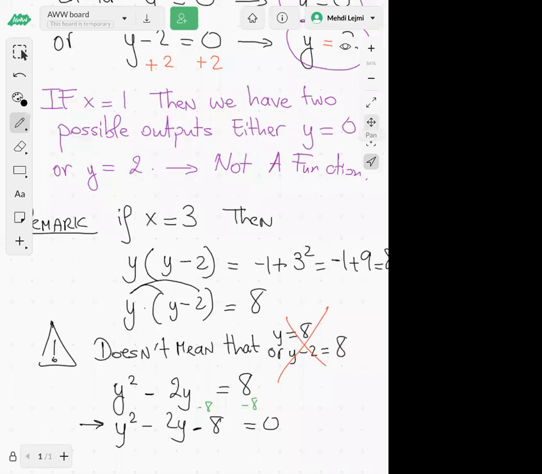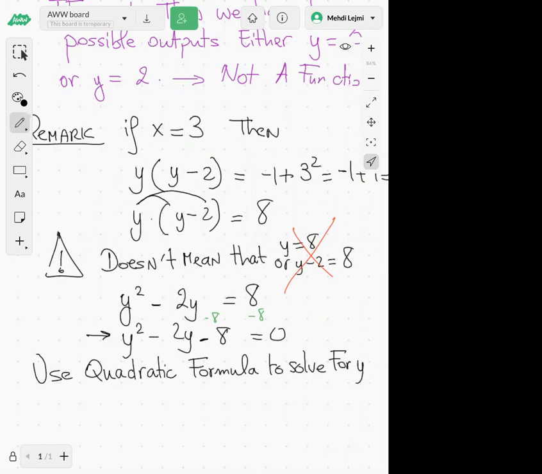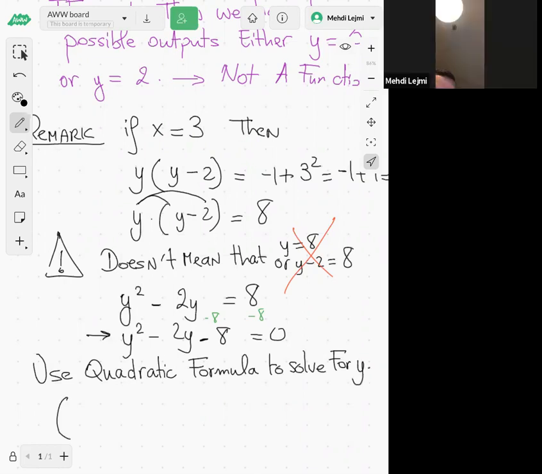Okay, so in here, you can use the quadratic formula to solve for y. Just to remind you the quadratic formula: if you have ax squared plus bx plus c equal to 0, then your x is minus b plus or minus the square root of b squared minus 4ac, over 2a.